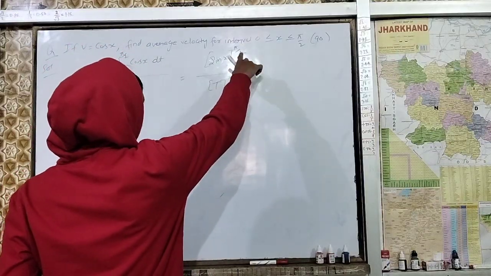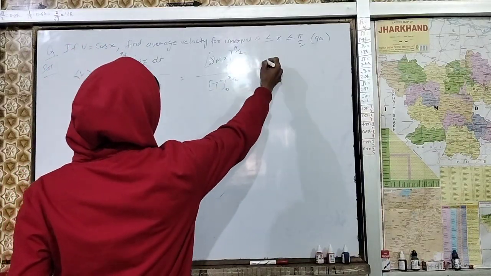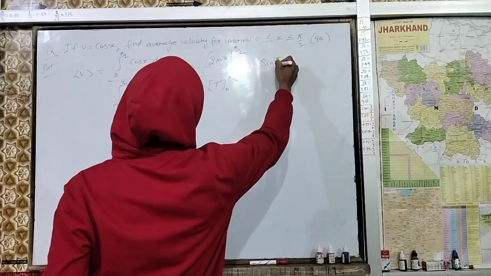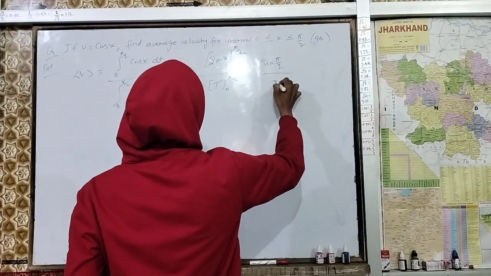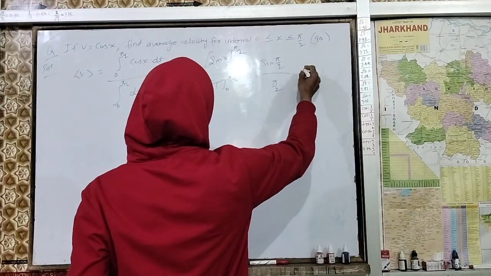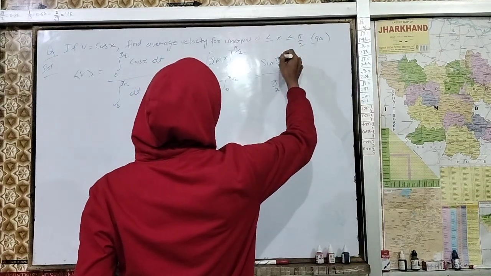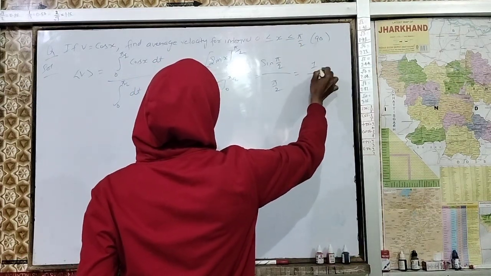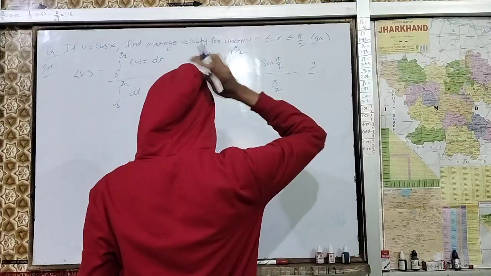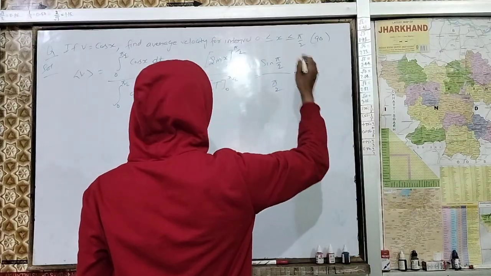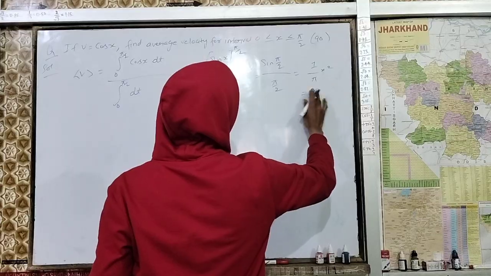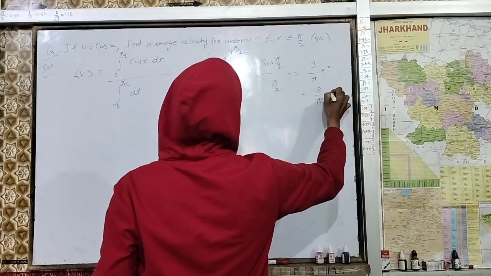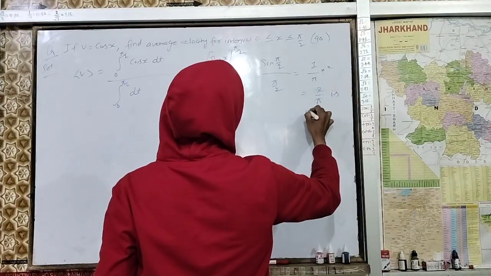First we put the value 0, which gives 0. Now at pi upon 2, sin pi upon 2 upon pi upon 2. Sin 90 will become 1, and the 2 goes upward, so 2 upon pi is our answer.